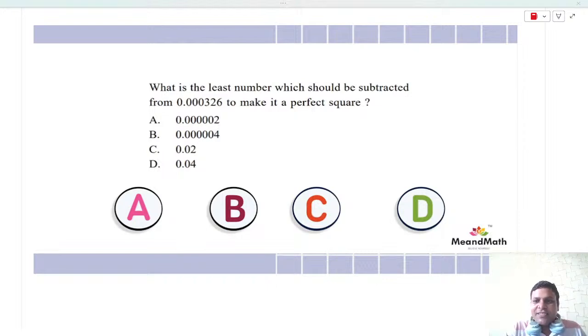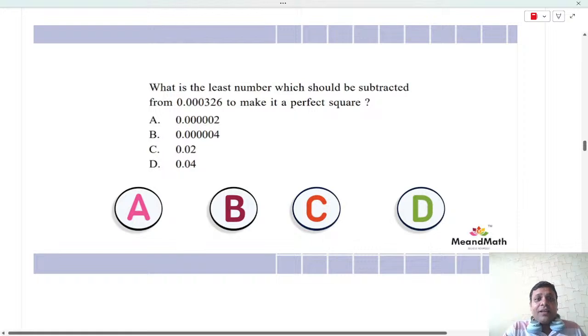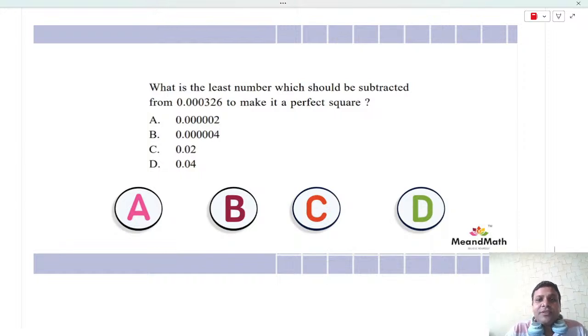Okay, so the answer is, if the question is related to addition and subtraction, then we have to use the long division method.